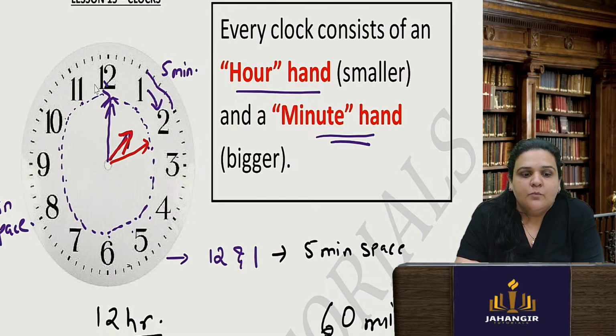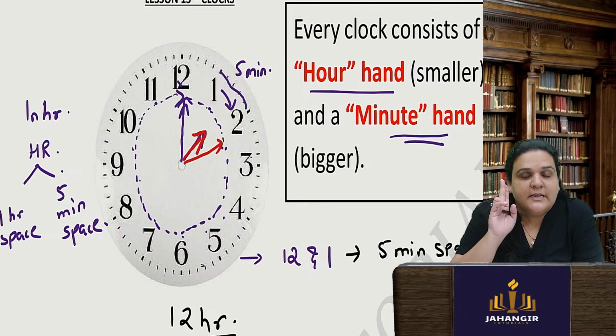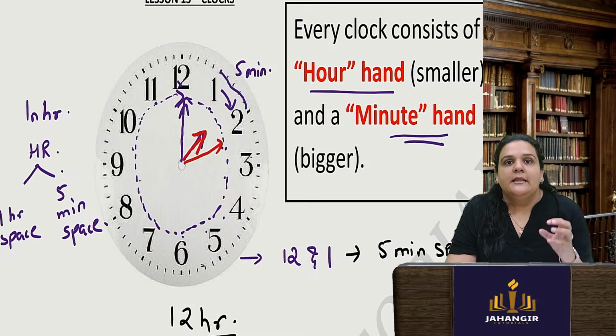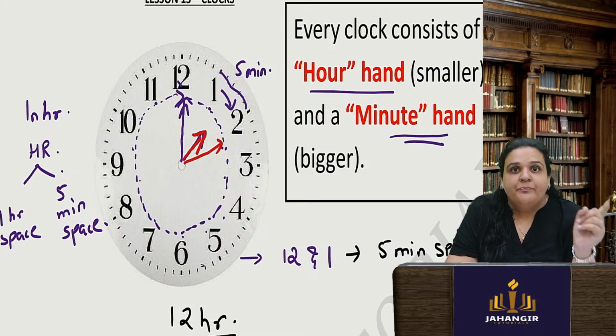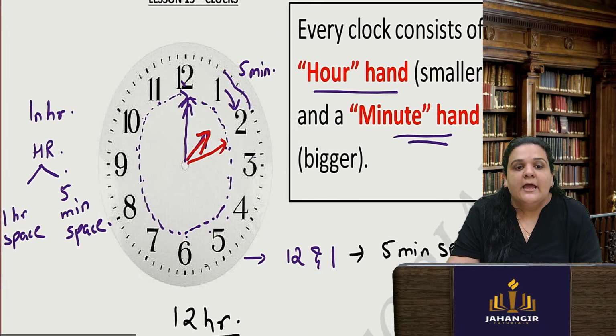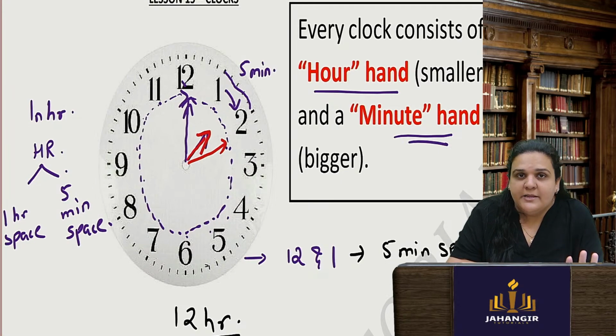So, clear, we have two important things to understand: one is the hour hand and one is the minute hand. If I am talking about anything happening in 1 hour, the hour hand is going to move 1 hour space and 5 minute spaces.